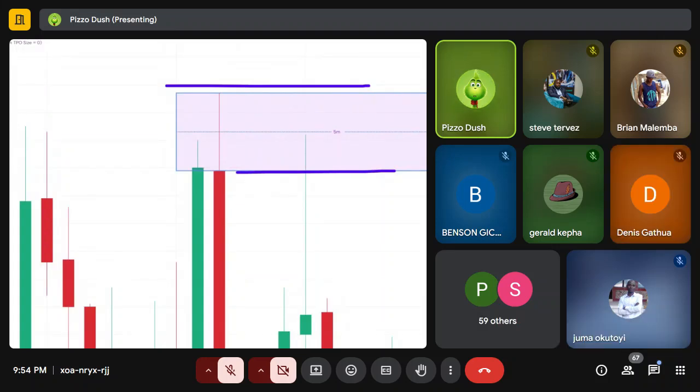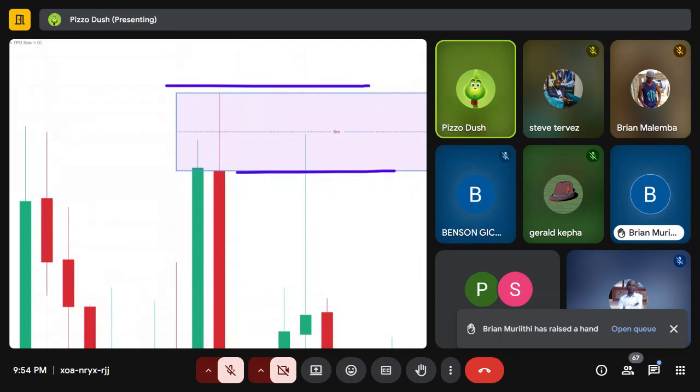Okay, niko na swali moja kwa order block. Umesema to confirm using footprint kwa bearish candle inafaa kuwa na positive delta. Ni kweli? Yeah. Well, kwa bullish inafaa kuwa na negative delta. Hapa nime identify GBP USD, 5 minutes market ikifunguka.